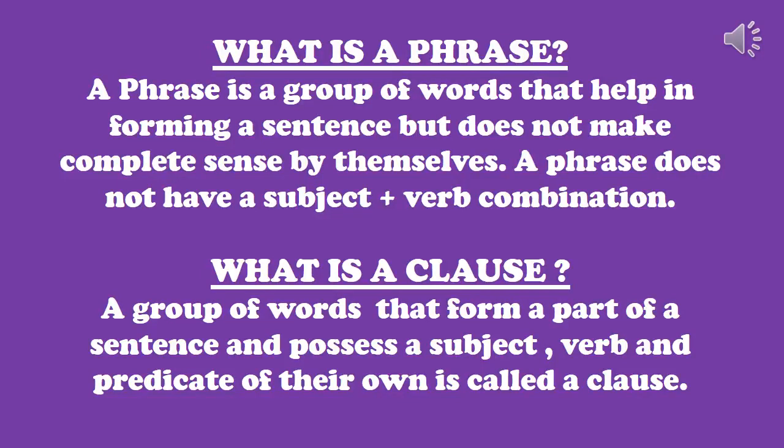Means that a phrase doesn't have both a subject plus verb or predicate. Unlike a clause which has a subject plus verb and predicate, a phrase does not have a subject plus verb or predicate. Do you understand the difference? So now let us look through the examples.